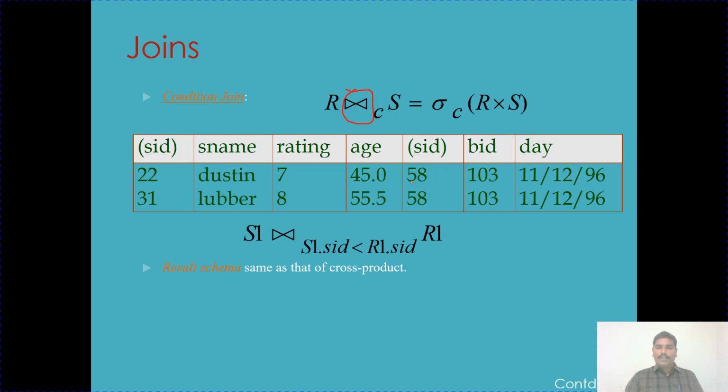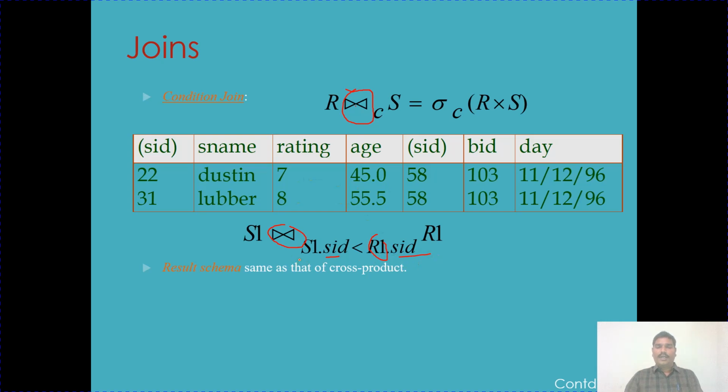See the table, the condition is S1 join R1 with S1.SID less than R1.SID.